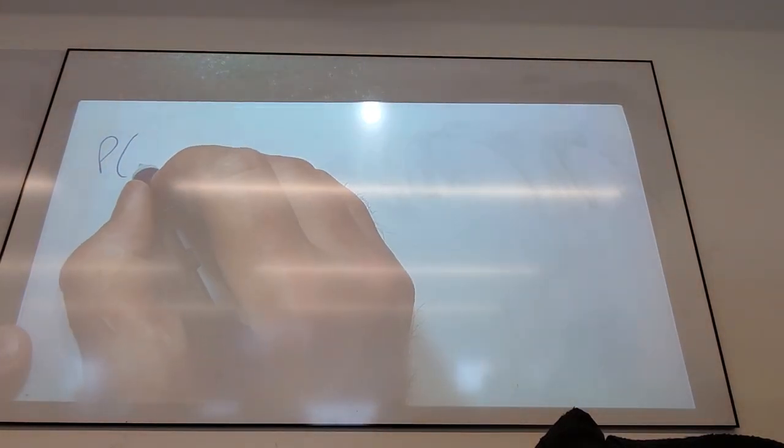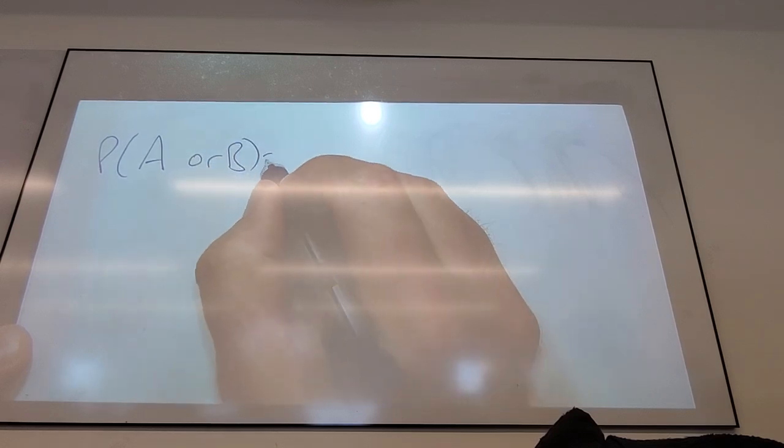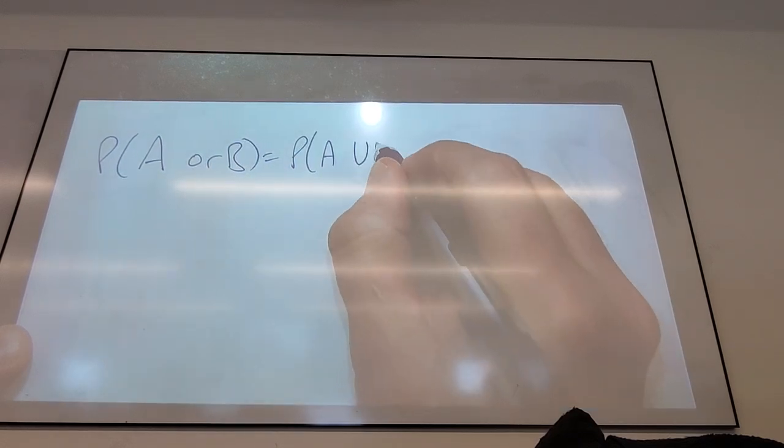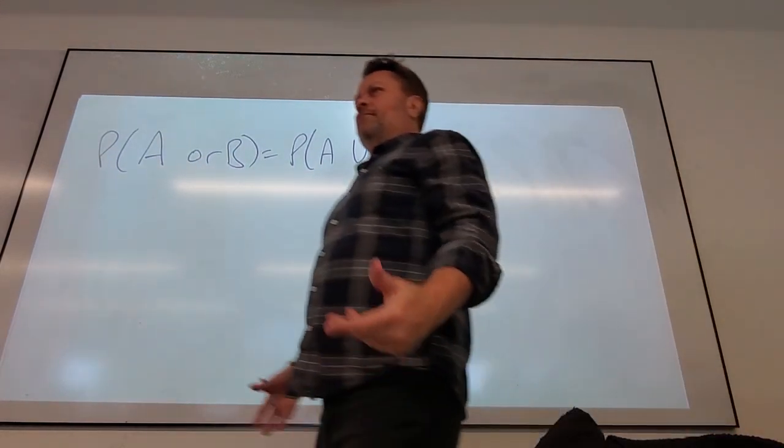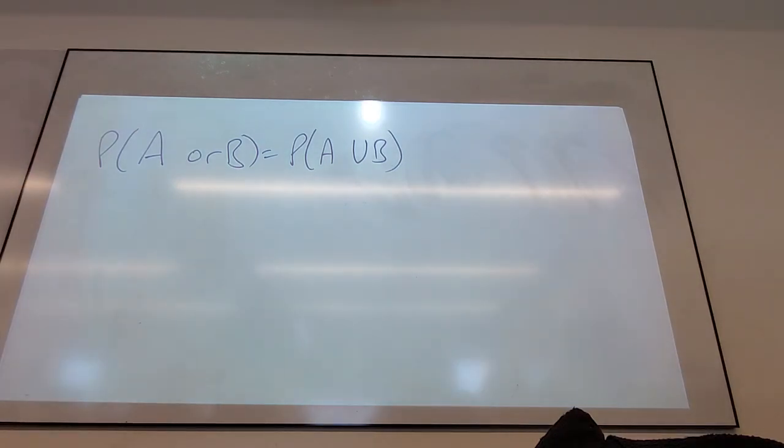So can somebody remind me the formula for the probability of A or B, which has this symbol? And one way to remember that symbol, I'm a parent, and you guys are my kids. And I'm like, you or you, somebody clean the room.